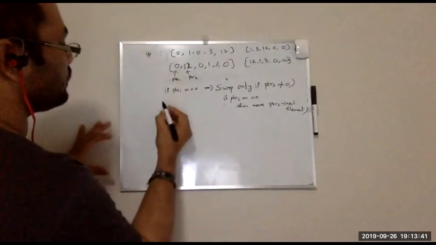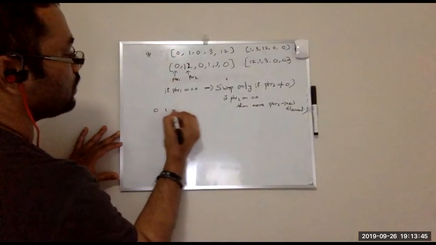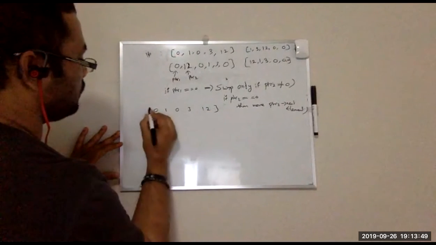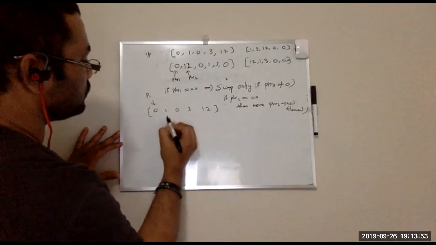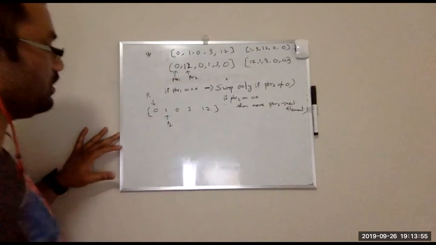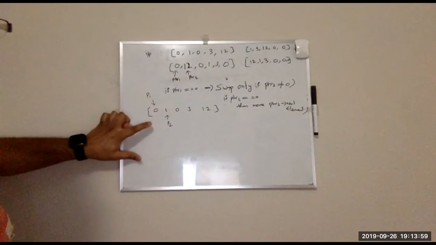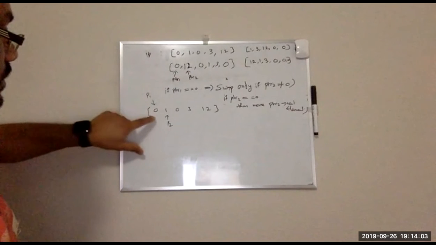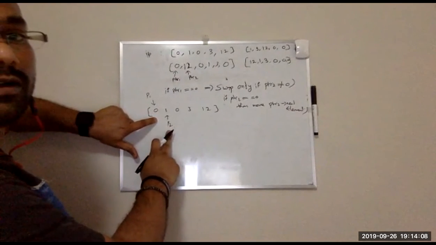Say for example, consider this scenario: 0, 1, 0, 3, 12. This one is pointer 1, P1. This one is P2. So we first check whether P1 is equal to 0. If P1 is equal to 0, then we'll check whether P2 is equal to 0 or not.